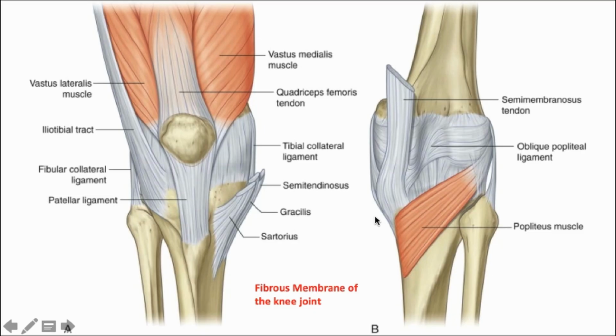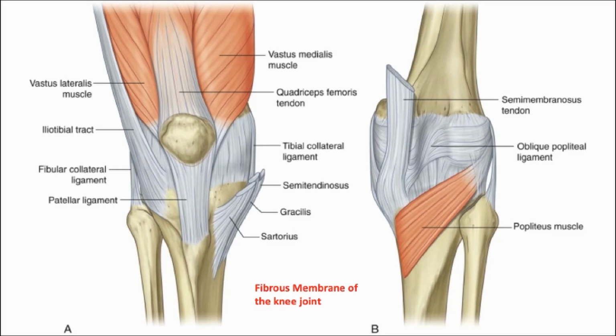So on top of that synovial membrane, then like we said before in the hip joint, we have to have the smoothness of the synovial joint, and then we got to throw in some stability. So we get this fibrous membrane that surrounds the knee joint, and it's reinforced by extensions of the tendons of the surrounding muscle.